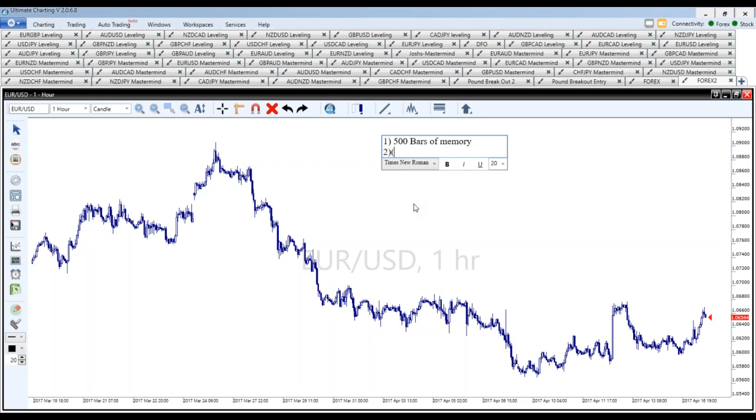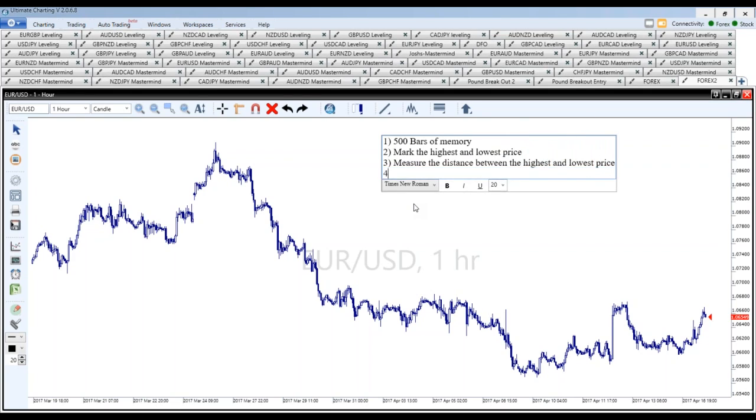Number 2, mark the highest and lowest price. Number 3, measure the distance between the highest and lowest price. Number 4, listen to me, what's number 4?